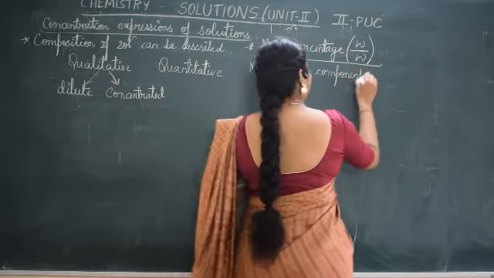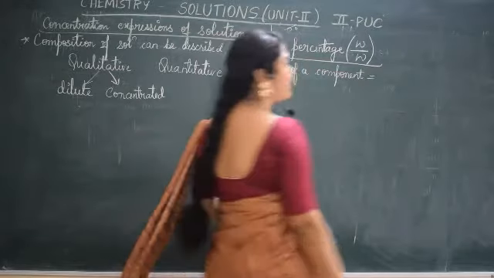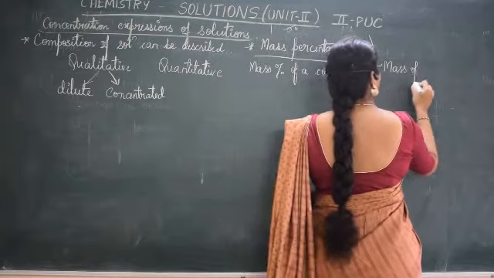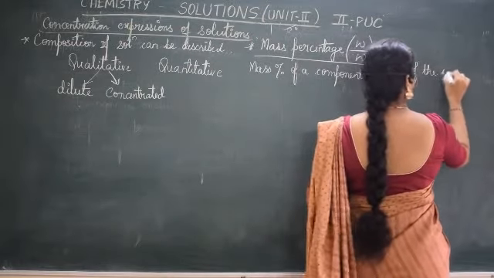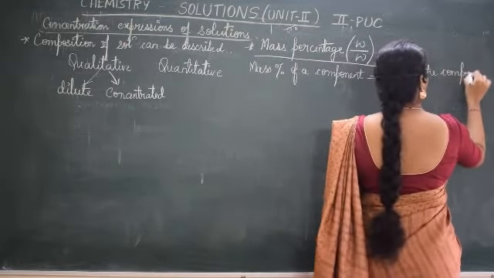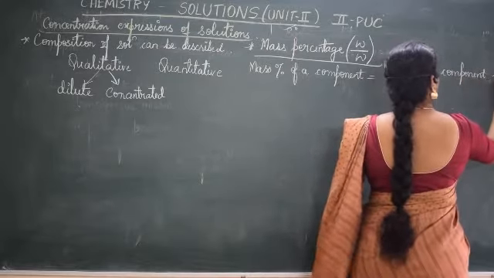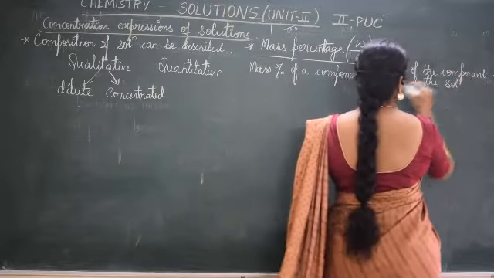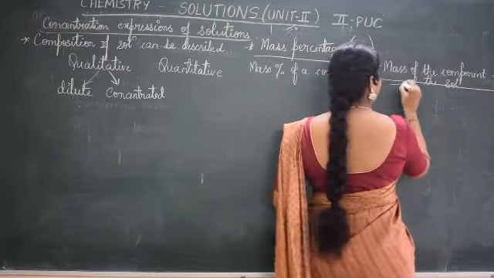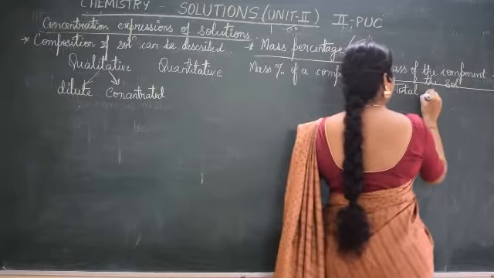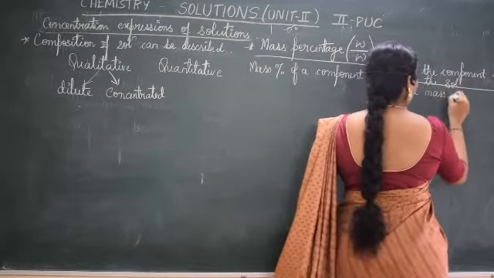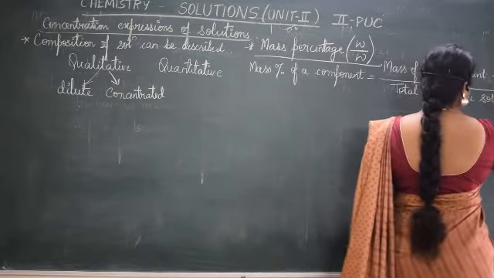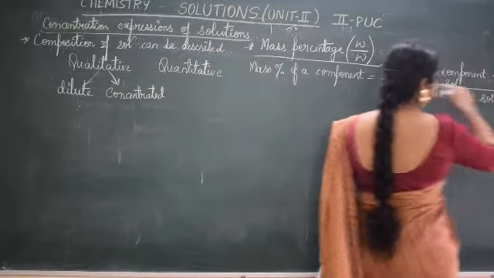For a particular component, the mass percentage of a component is equal to the mass of the component in the solution divided by the total mass of the solution, into 100.